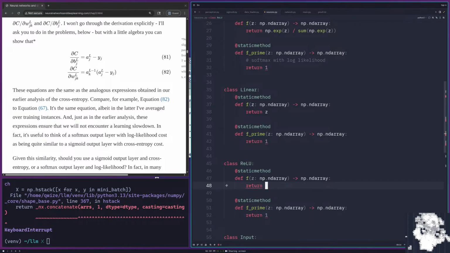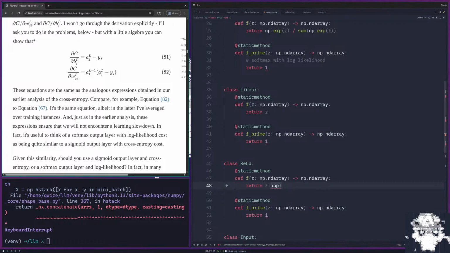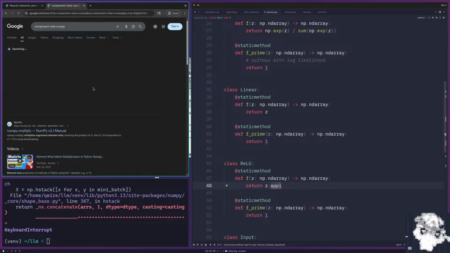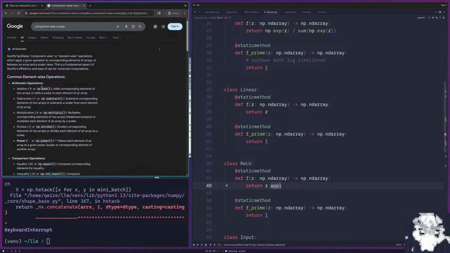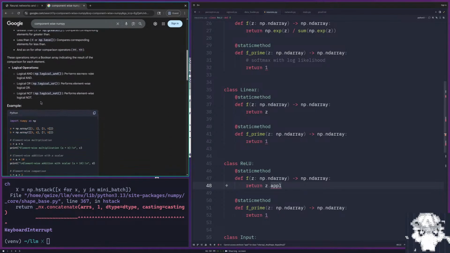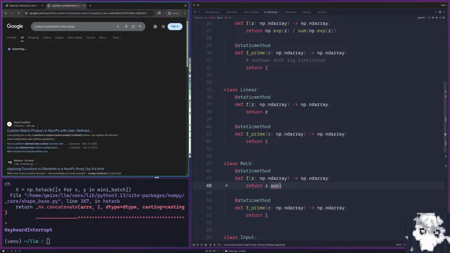So z dot apply component wise numpy. Custom component wise numpy.